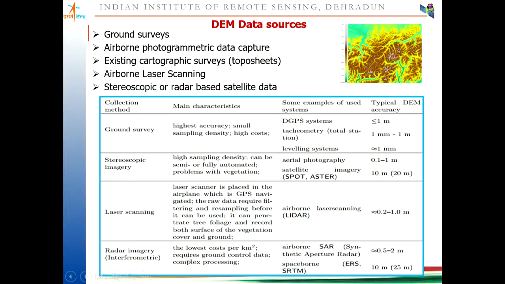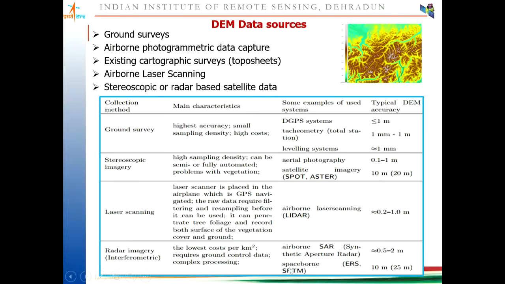Satellite radar imagery through interferometric methods provides you the DEM, and SRTM, which is globally the first DEM, was generated by US NASA, that is the Shuttle Radar Topographic Mission. One satellite was launched to cover the entire globe, and it generated the DEM of the entire globe.